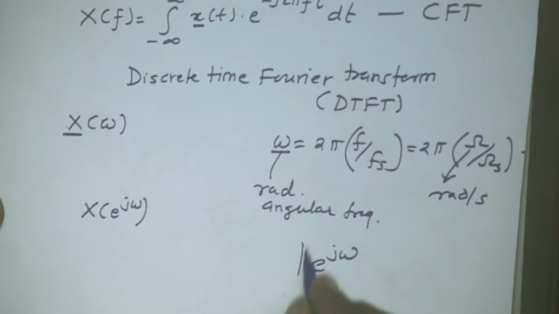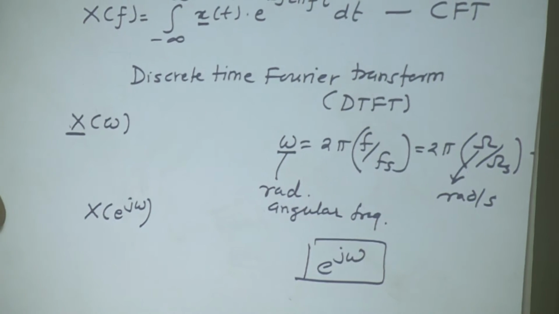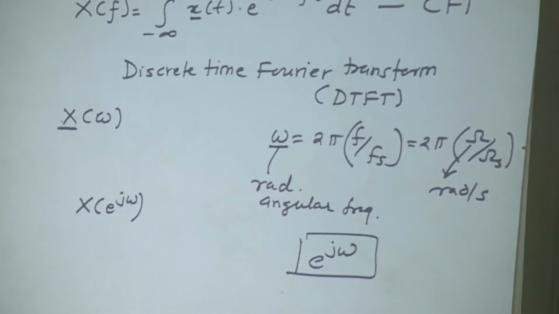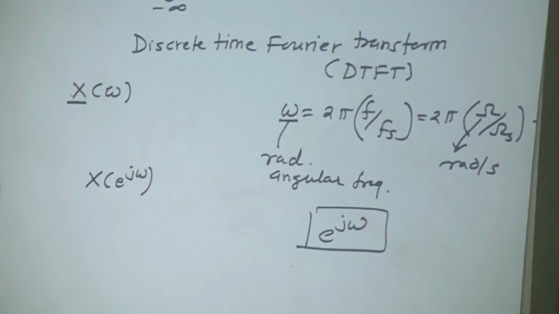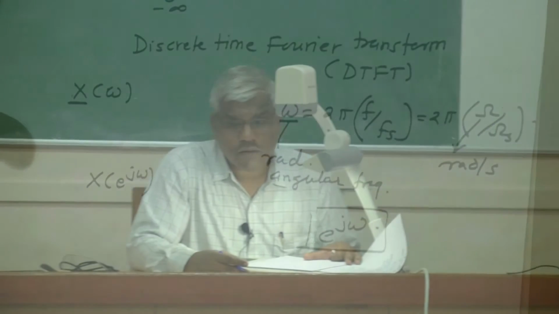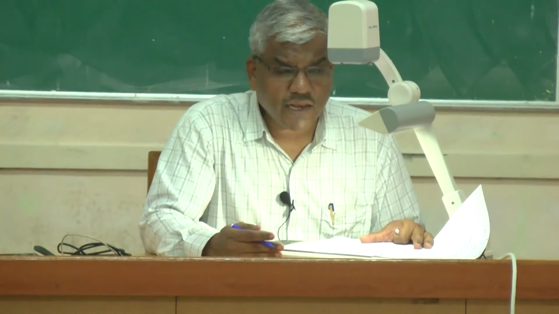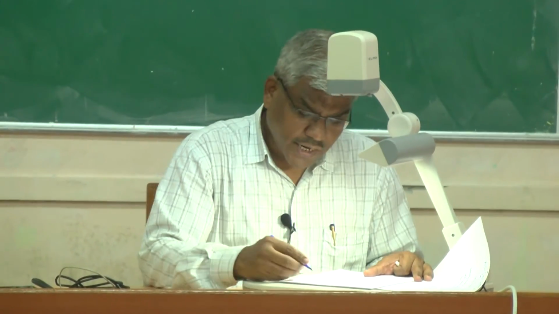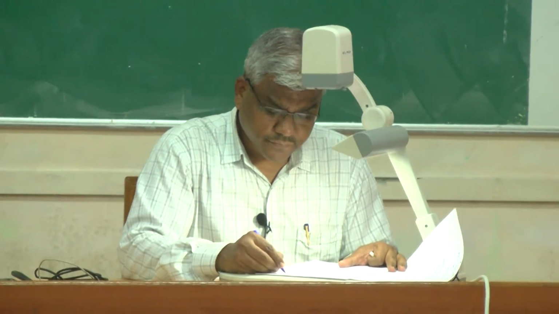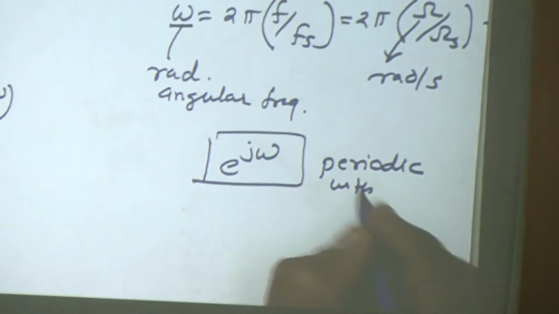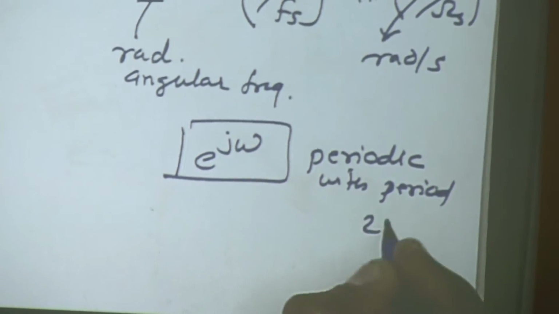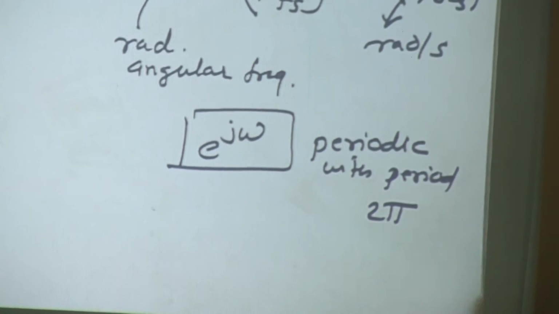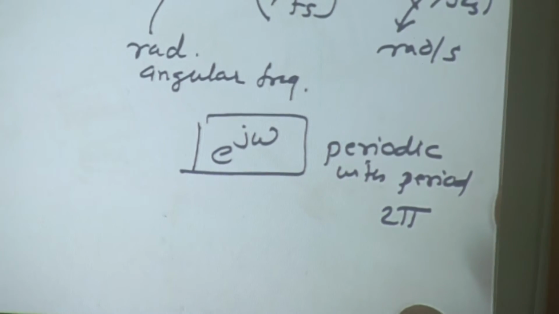Can you classify e to the power j omega? Can you say something about it? It's a complex exponential. Apart from this, any special characteristics of e to the power j omega? E to the power j omega is periodic with period 2 pi.